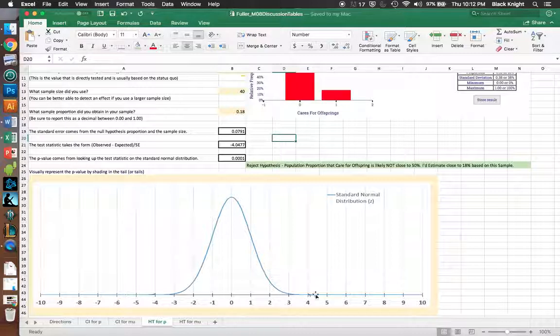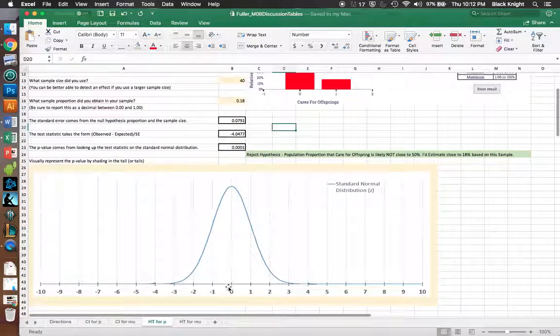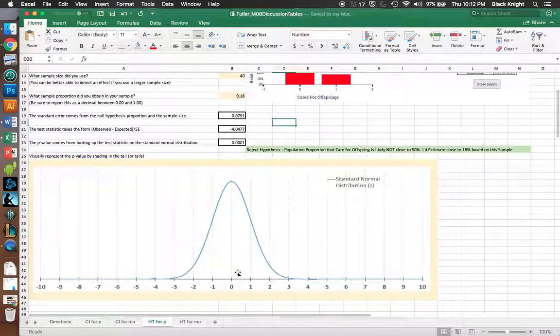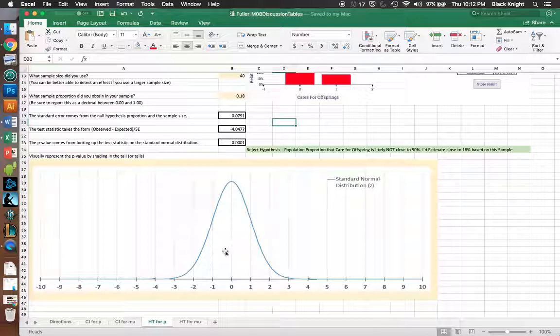So I marked that on the distribution here, basically -4 or +4 standard deviations from the center of this distribution, which would have centered it at 0.5. And if everything went the way that it was predicted to, we'd expect this whole area under the curve here to be colored in.